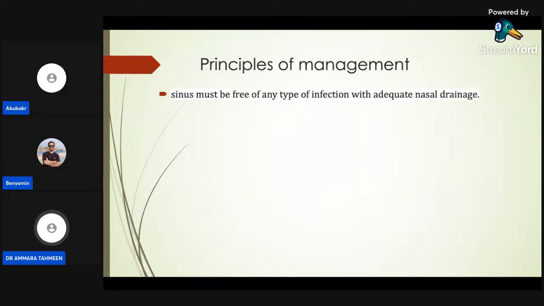So the very first principle is that before you close your oroantral communication, you should make sure that your sinus is free of any inflammation or infection.